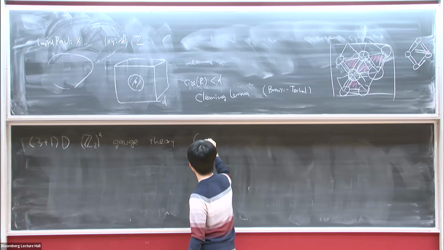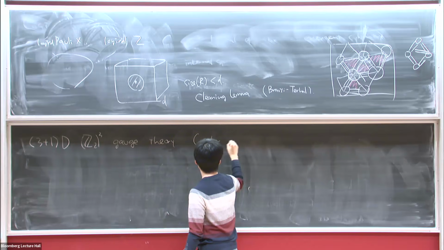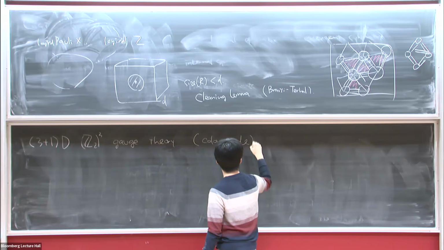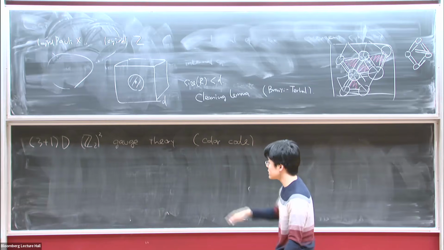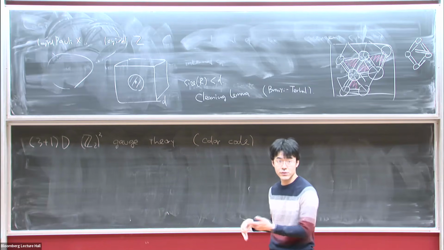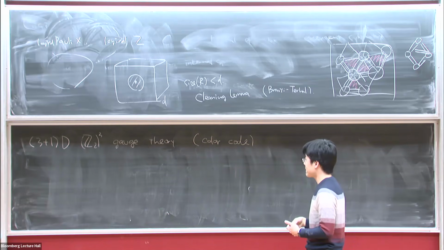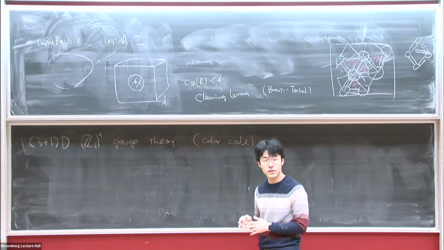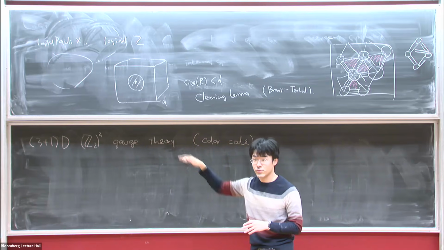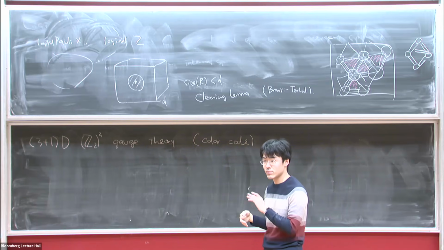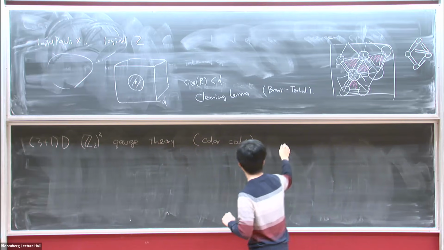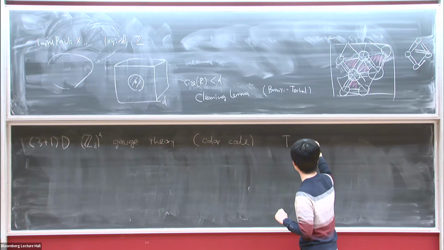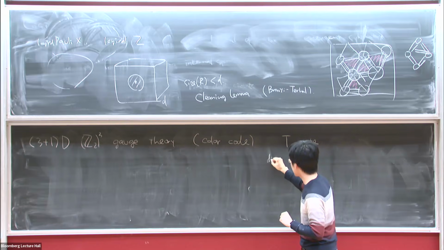So this is the T-squared cubed toric code, or the T-squared cubed gauge theory. Equivalently, this is sometimes called the color code. This particular realization of this theory is called the color code, and it supports some transversal logical T gate. This has a logical T gate, and T is a diagonal.